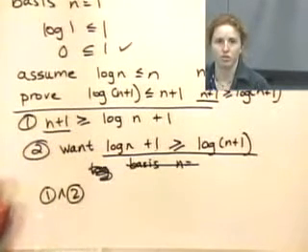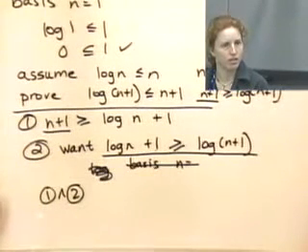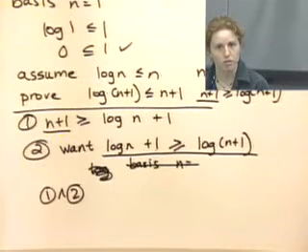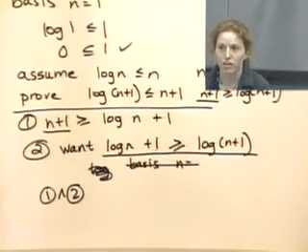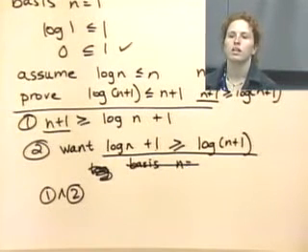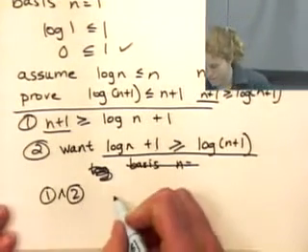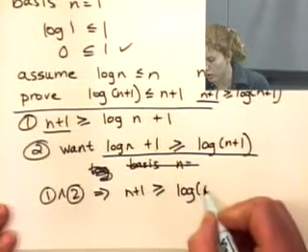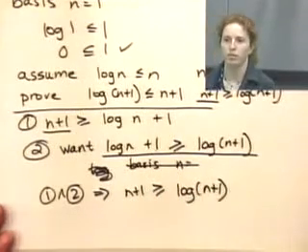Using something like hypothetical syllogism, or transitivity: if I know n plus 1 is bigger than log n plus 1, and I know log n plus 1 is greater or equal to log of the quantity n plus 1, then I know what? n plus 1 is greater than or equal to log of the quantity n plus 1.